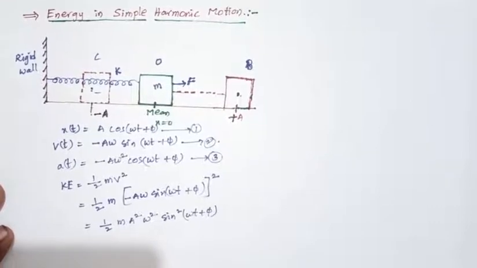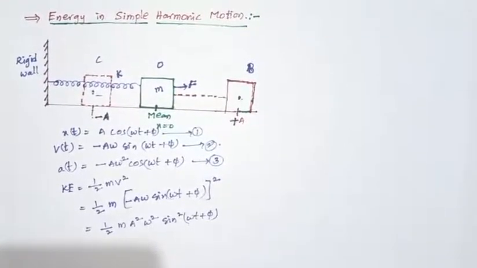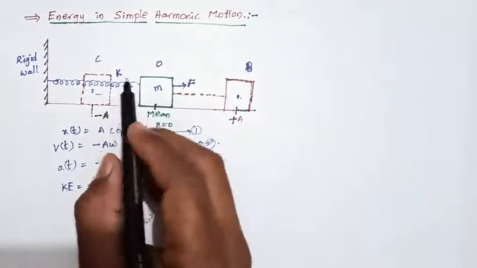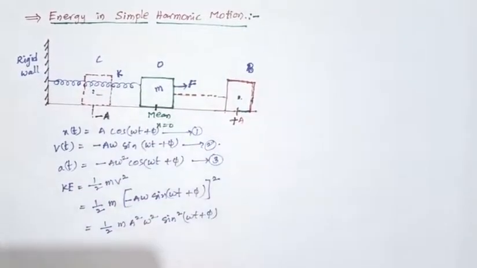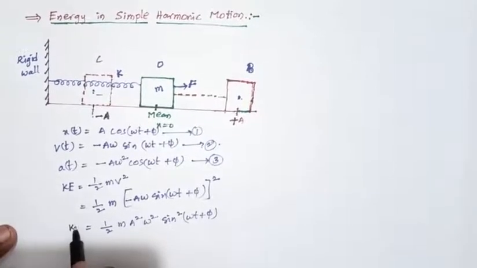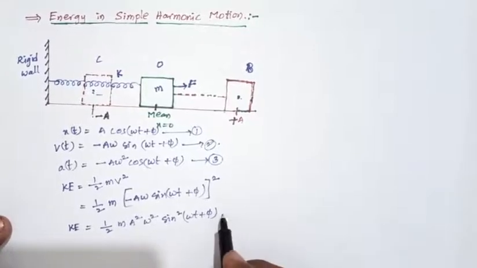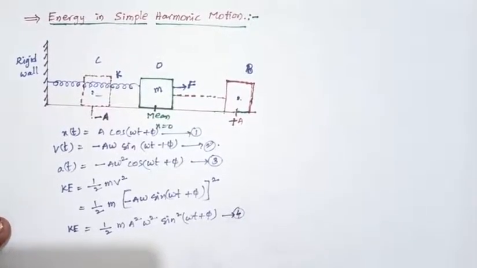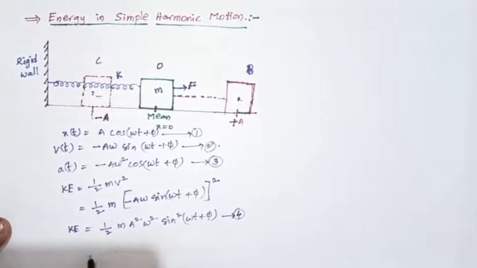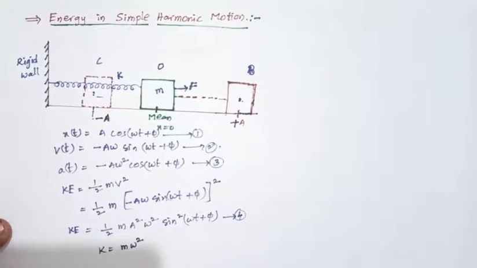Okay, we have already derived the spring constant k equals m omega square. So here KE equals half m a square omega square. This is equation number 4: k equals m omega square.